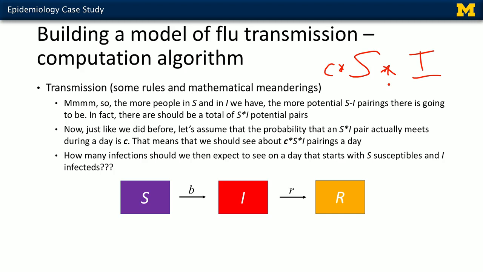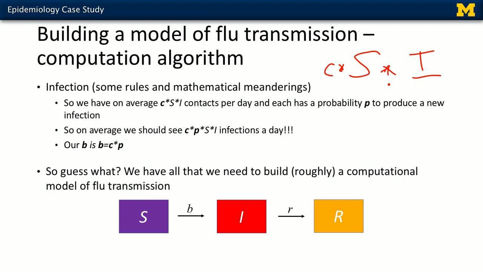So how many infections should we see every given day, starting with S susceptibles and I infecteds? If there are C times S times I contacts, and the probability that there is an infection when there is a contact is P, then on average, as we wrote in the slide, we should see C times P times S times I infections a day.